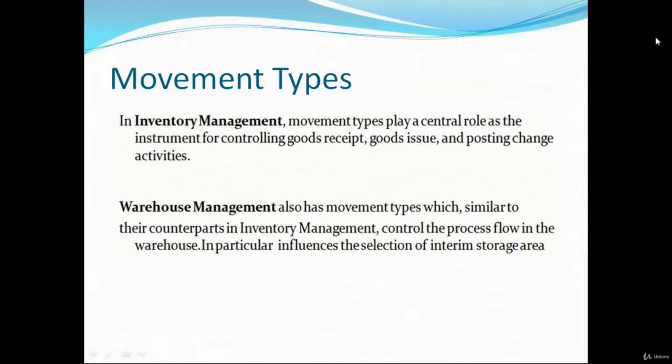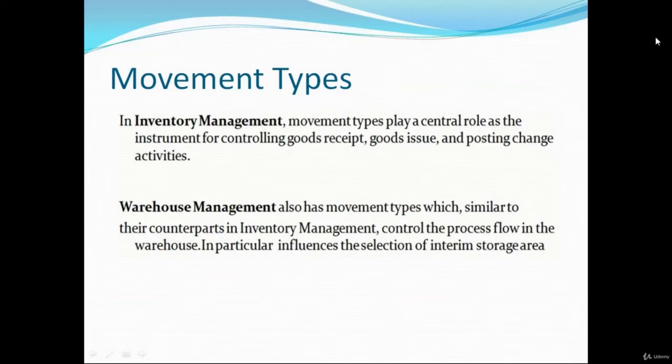An example of WM triggering activities could be the MM sales order scenario, where we'll be creating the sales order, then we'll have the outbound delivery. From the outbound delivery, we'll directly create the transfer order. Then we'll confirm the transfer order.